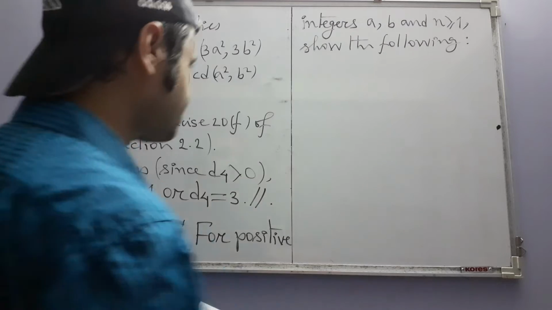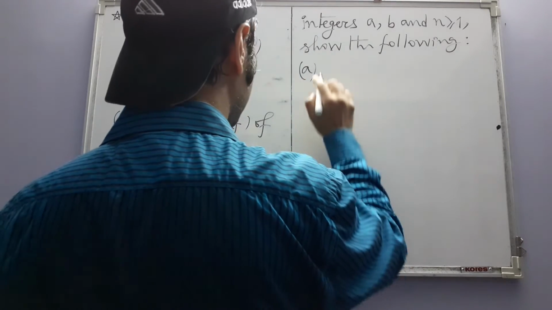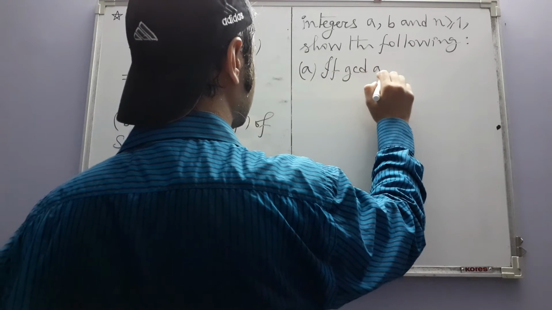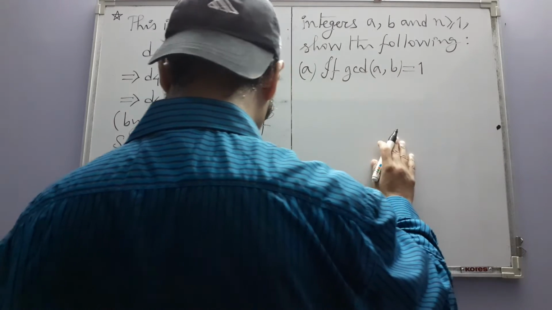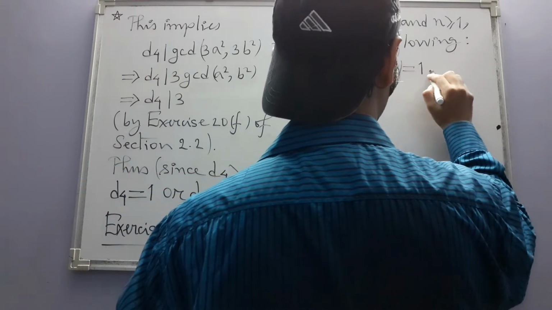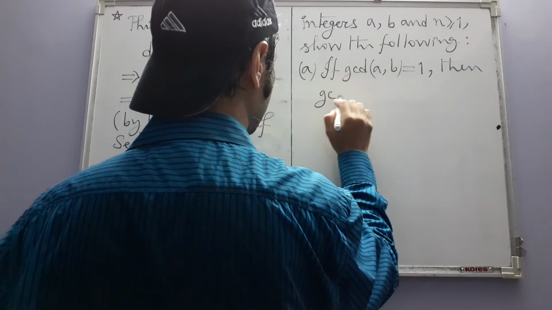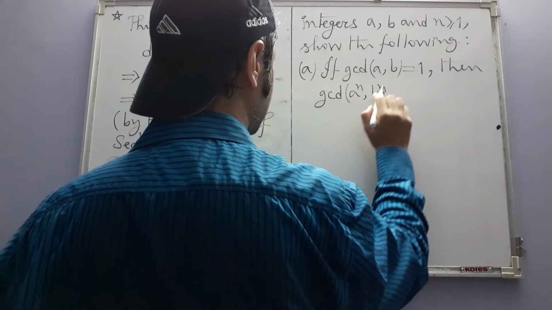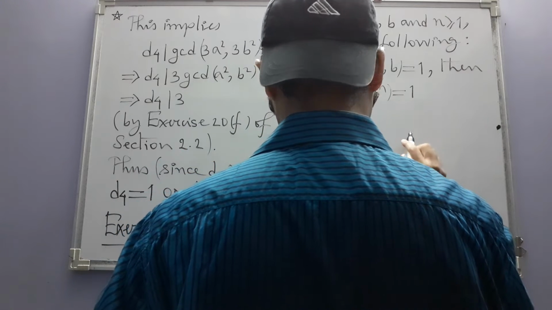But anyway, part A: if, like before, a and b are relatively prime, then the GCD of a to the power n and b to the power n is also equal to 1.